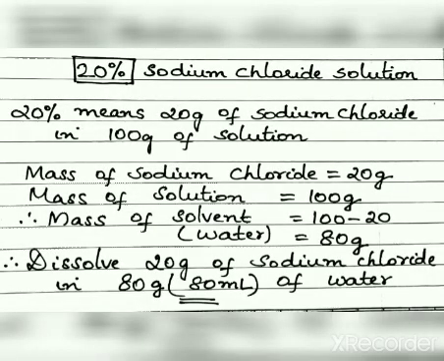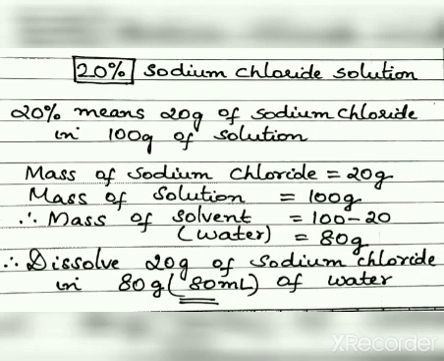Let us see how to prepare 20% sodium chloride solution. 20% means 20 gram of sodium chloride in 100 gram of the solution. Here the solvent used is water. Mass of sodium chloride is equal to 20 gram. What is the mass of the solution? It is equal to 100 gram.